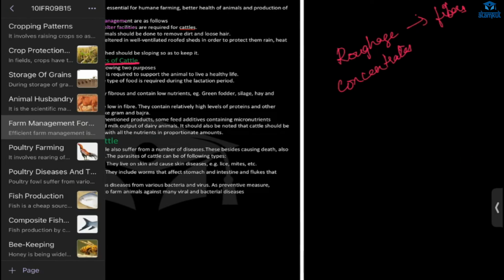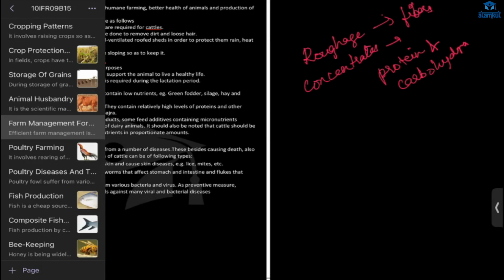The leaves, those things will be in the roughage. And in concentrate, which type of food? The food which is rich in protein and carbohydrates, energy giving. Both things are required for the cattle.